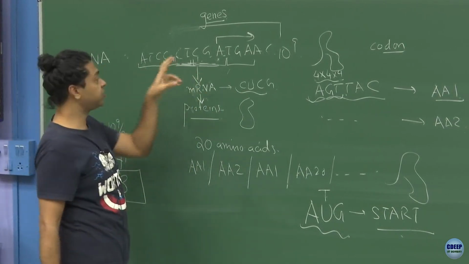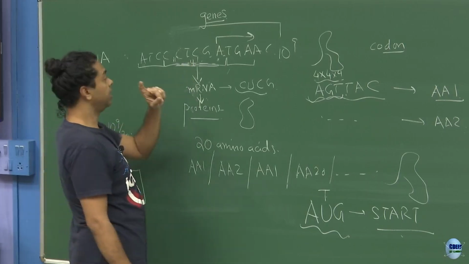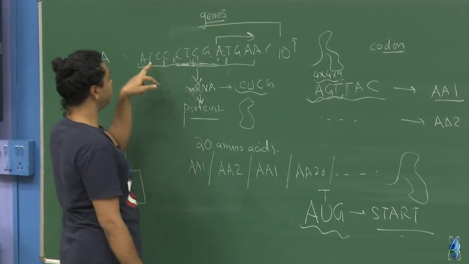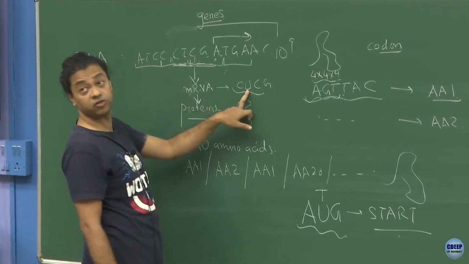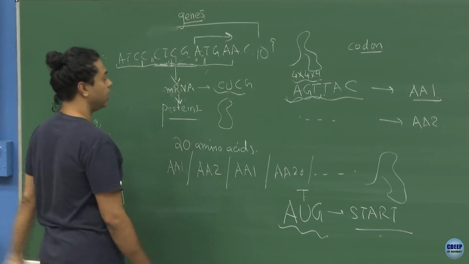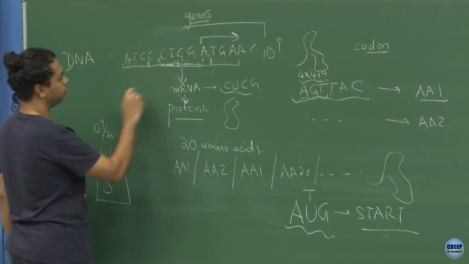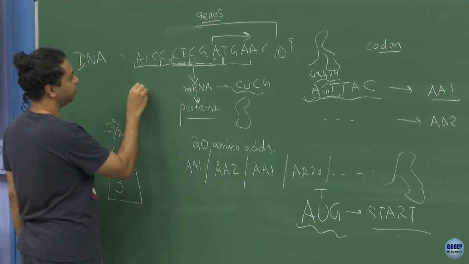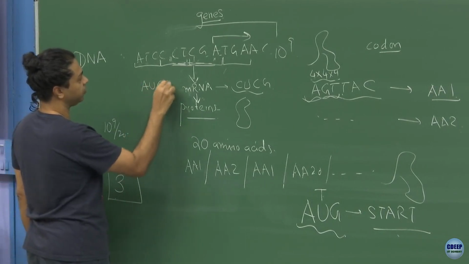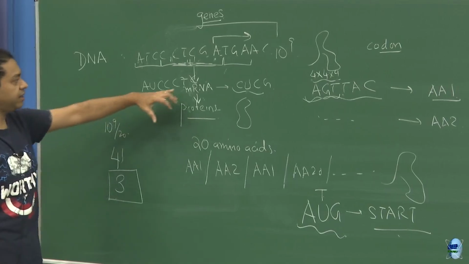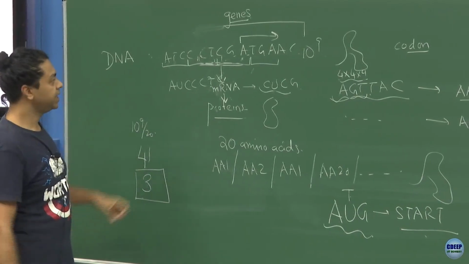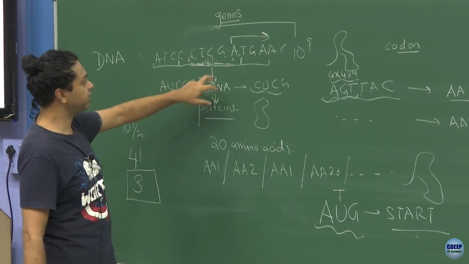It's a single strand instead of the double strand, except this nucleotide thymine is replaced with a new one, which is called uracil. So, if you were to produce an RNA over here, it would read something like A, U, C, C, C, U, C, and so on.